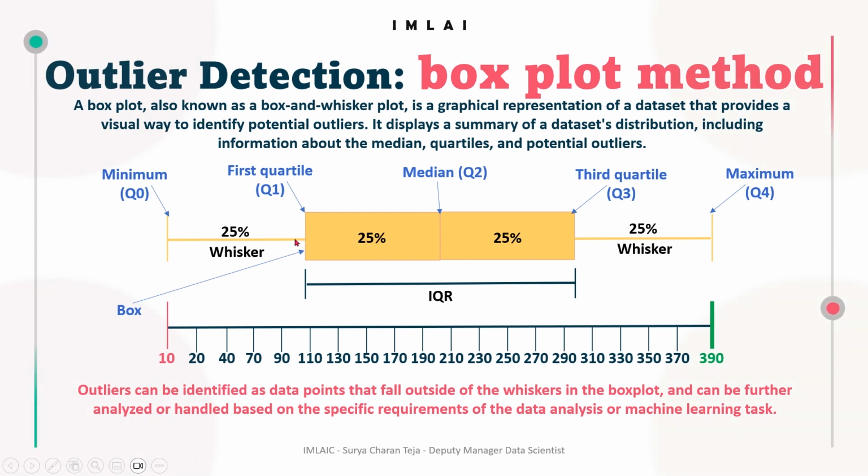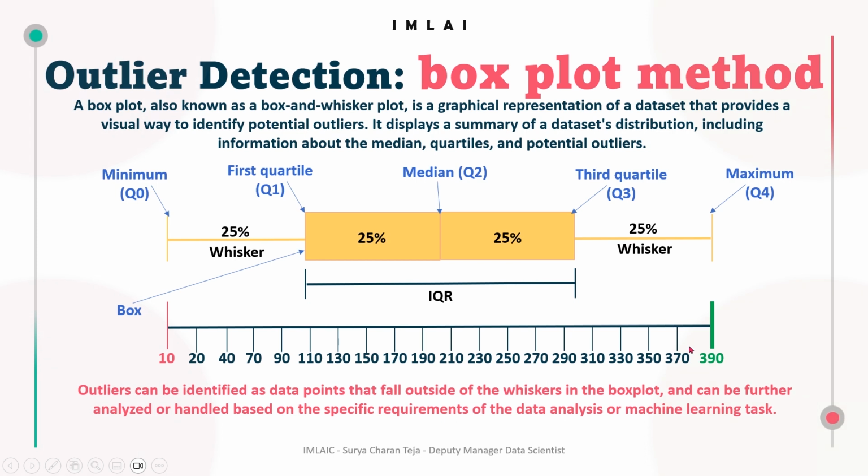That is the reason this is also known as a box and whisker plot. This is your box. Whatever scale is there has been represented in a better visual manner so that you can gain some insights from it.